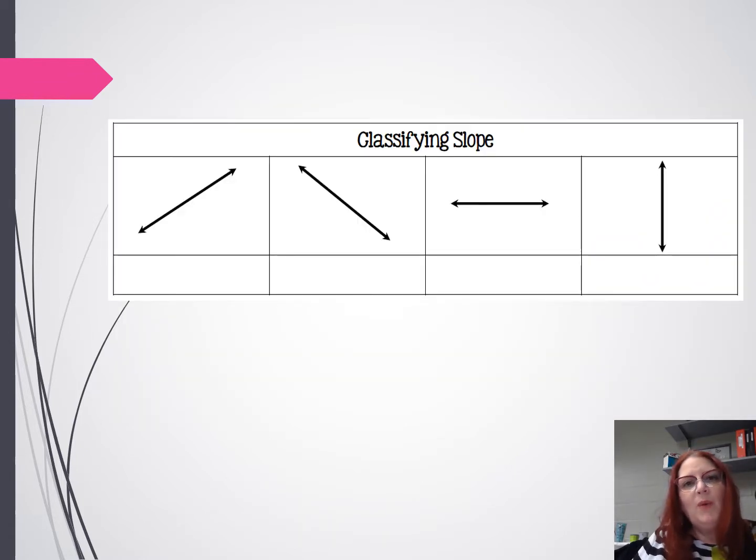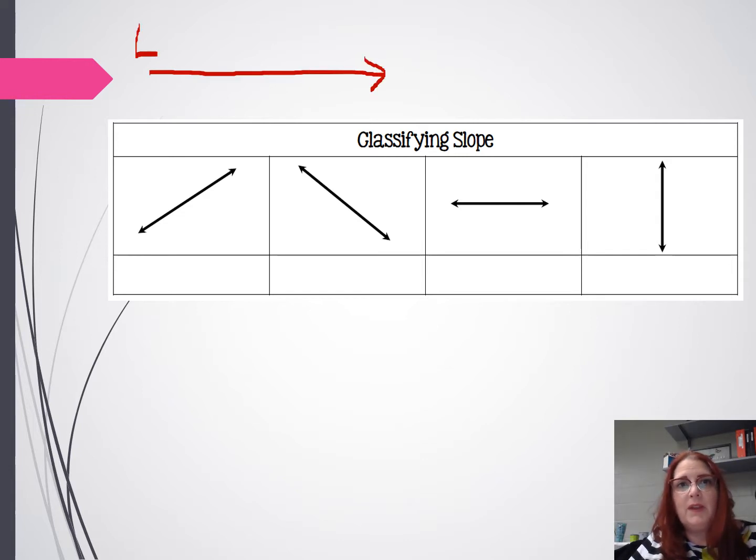So when we're classifying these slopes, we go left to right when we read a book, and we're going to do that same thing when we're reading a line. If it's moving up, it's said to have a positive slope. If it's moving down, it's going to have a negative slope.